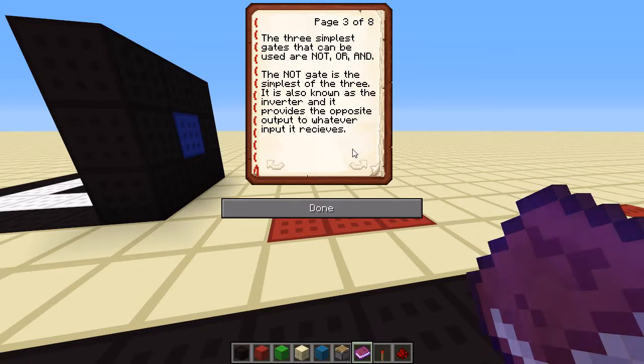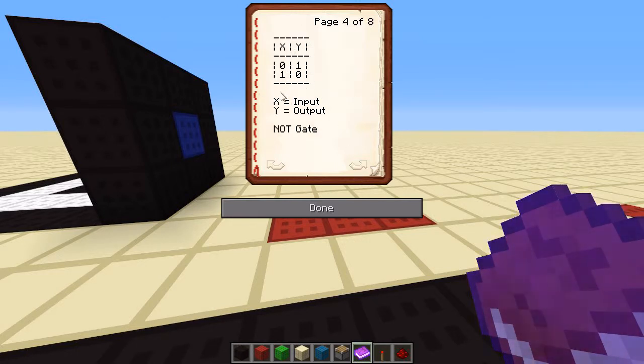With the NOT gate, what happens is it takes one input and gives one output. In this case, it takes an input and it inverts the input. So if the input is on, the output will be off. If the input is off, the output will be on. So it's fairly simple. Done a little table. X is your input, so if your input's 0, your output's going to be 1. If your input is 1, your output's going to be 0. Fairly simple.